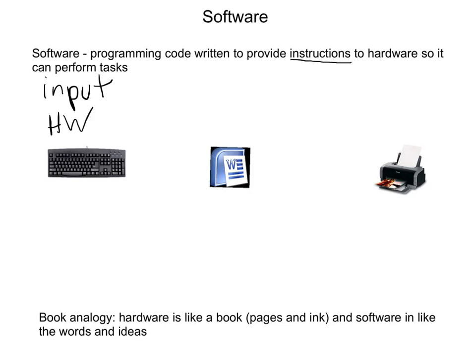We input our data into the RAM, right? And then in the RAM are also the instructions of the software. So the CPU pulls the data and these instructions, and it processes everything.